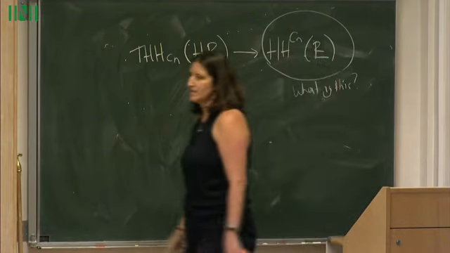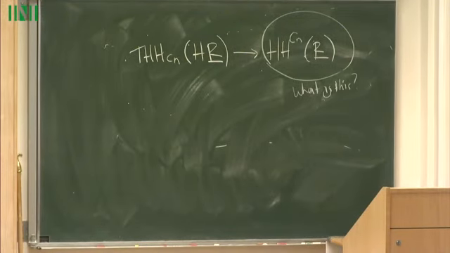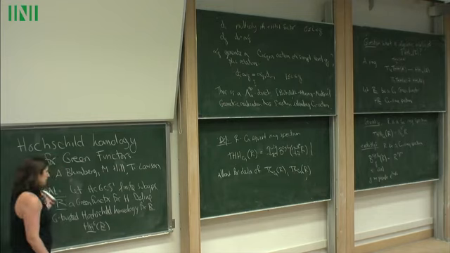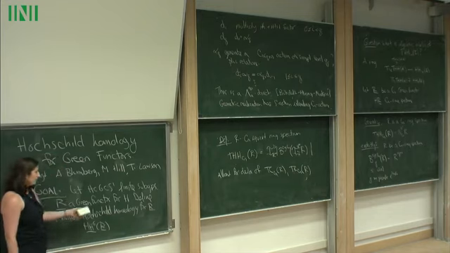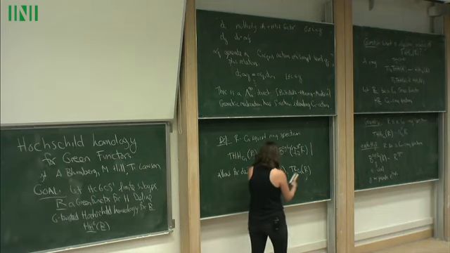So what does it mean to take Hochschild homology, Cn twisted Hochschild homology of a Green functor? Okay, so maybe now it's clear why we want to achieve this goal, which is that I want to be able, for a Green functor, to define some twisted version of Hochschild homology for that Green functor.